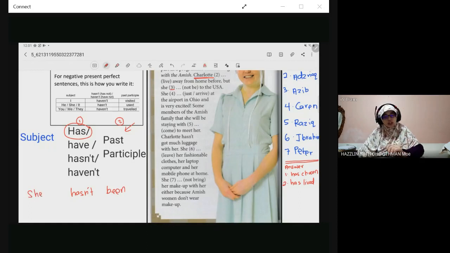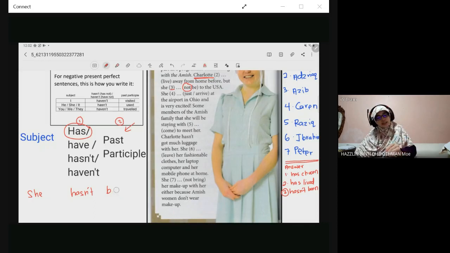If it's she, you have to use hasn't. Why not has? Because there is the word not. So she hasn't been. Why been? Because been is the past participle of be. So that is the correct answer. Very good. Hasn't been.